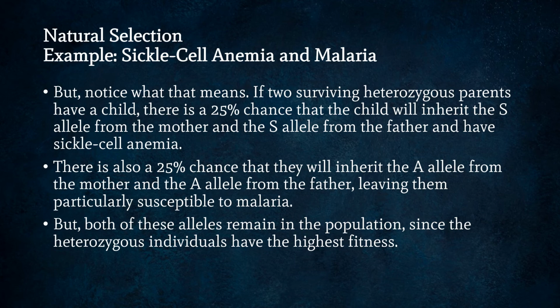So if two surviving heterozygous parents have a child, there's a 25% chance that the child will inherit the S allele from the mother and the S allele from the father and have sickle cell anemia. There's also a 25% chance that they will inherit the A allele from the mother and the A allele from the father, leaving them susceptible to malaria. But both of those alleles remain in the population since the heterozygous individuals have the highest fitness.